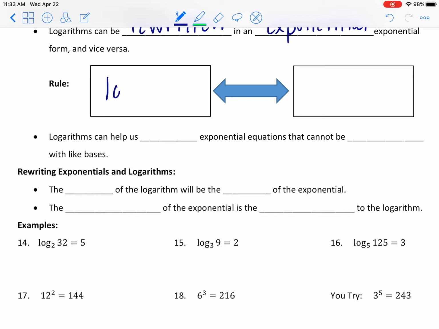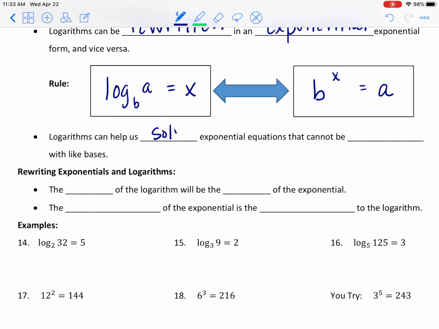I'm just going to replace the 8, 64, and 2, the base, the argument, and the exponent, with some variables. So if I have any log expression, let's say log base b of a, it's going to be equal to some power, let's call it x. This is true because if I take that base b and raise it to the xth power, it gives me that argument a.